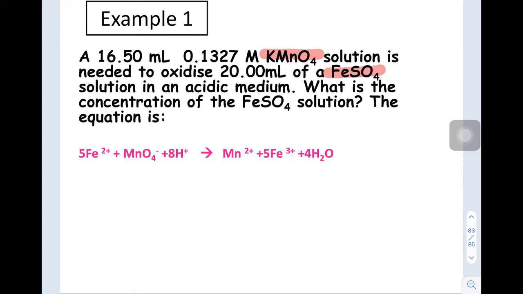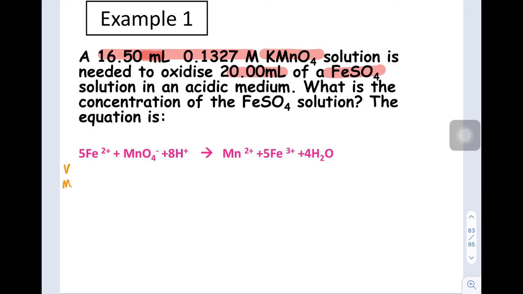Then take out the information that we have: 16.5 ml, and the concentration is 0.1327. As for the iron sulfate, we only have its volume. And then the equation is given. In this case, the ratio between iron and MnO4 minus is 5:1. So write the information that we have, volume and concentration.